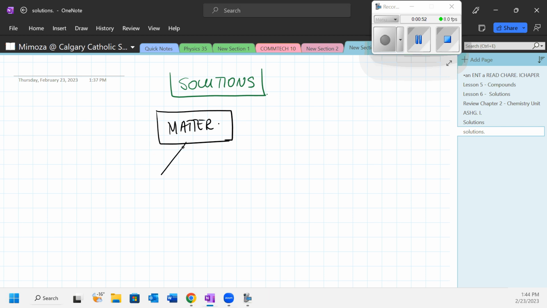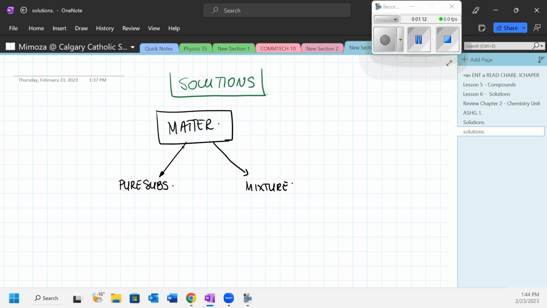And then we said that in order to study matter, we classify it into two big groups: pure substances and mixtures.